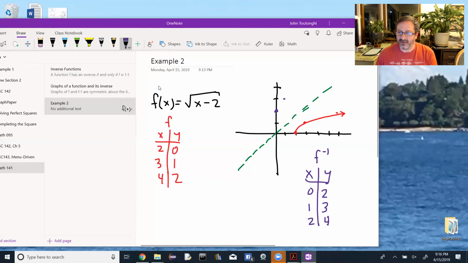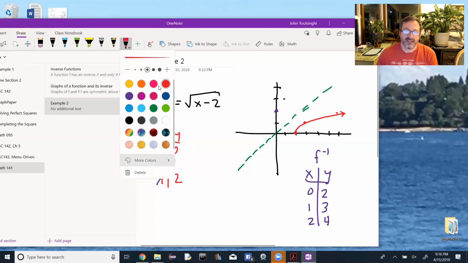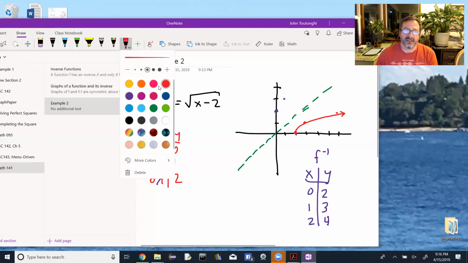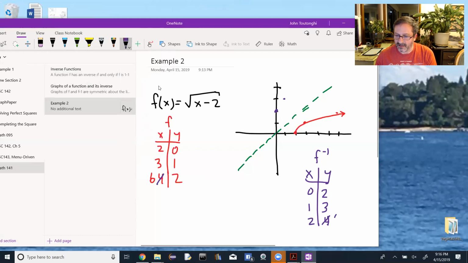And 2, 4, 2, I think I got this one wrong. 1, 2, 3, 4, 5. This should be 6. Sorry. That should be a 6, 2, which makes this other one also a 6, 2, 6. Sorry, that point is 2, 6. So, or 6, 2. And so on here, 2, 1, 2, 3, 4, 5, 6.